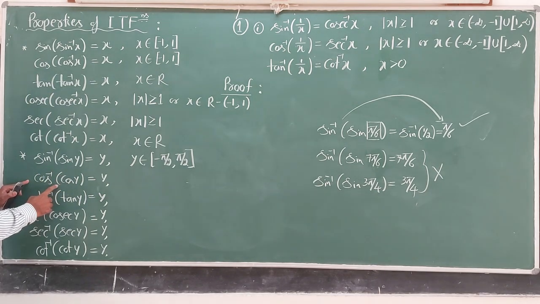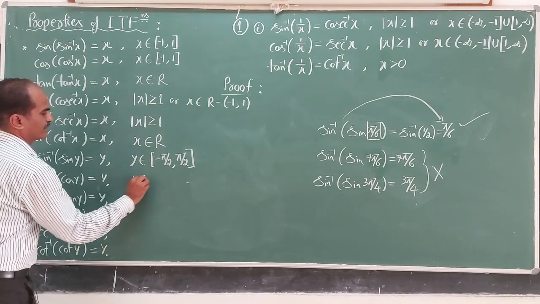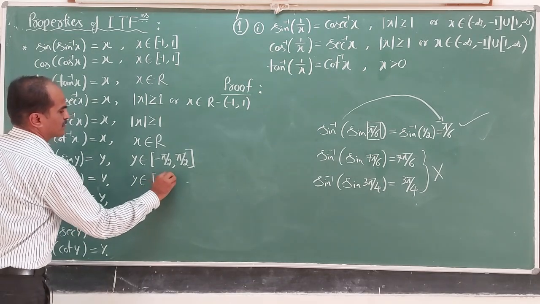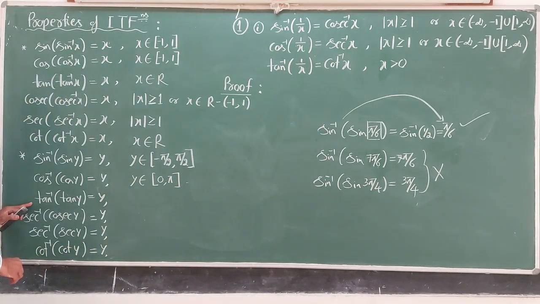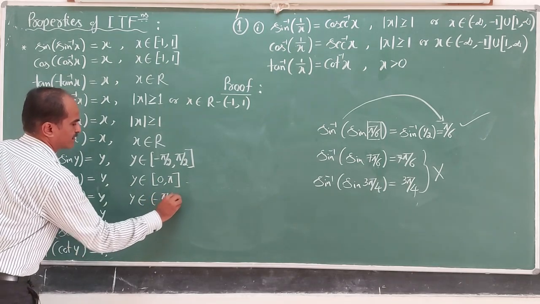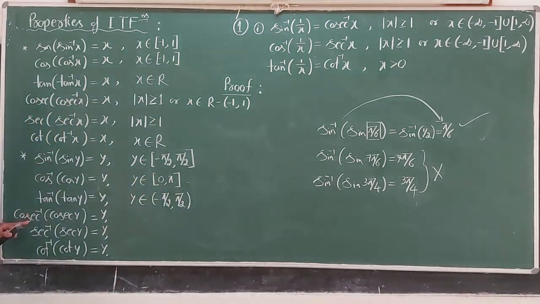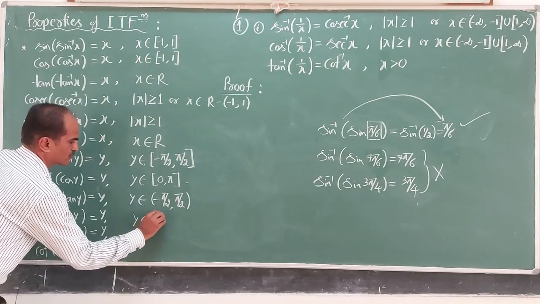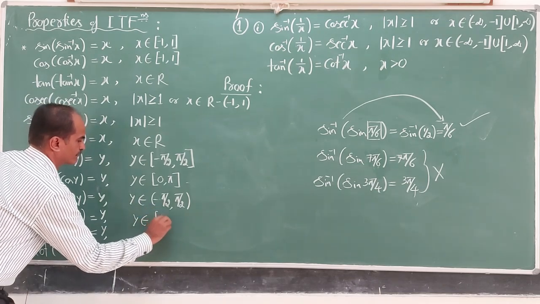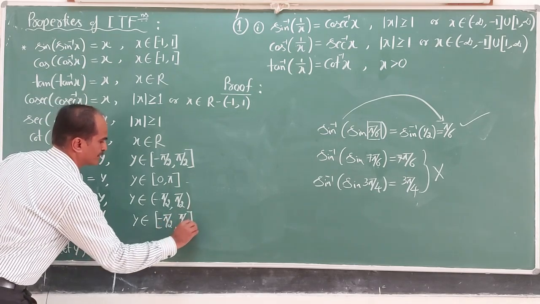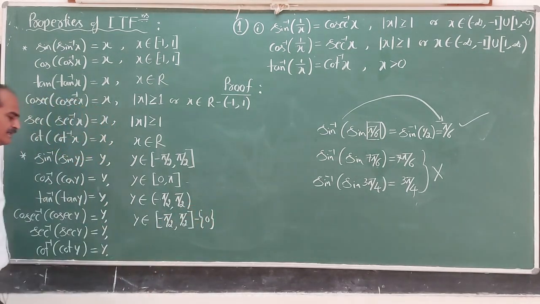Now similarly, cos inverse of cos y equal to y whenever y belongs to the range of cos inverse function, which is 0 to pi. Tan inverse of tan y equal to y whenever y belongs to the open interval minus pi by 2, pi by 2. Cosecant inverse of cosecant y is y whenever y belongs to the interval minus pi by 2, pi by 2, leaving the element 0.